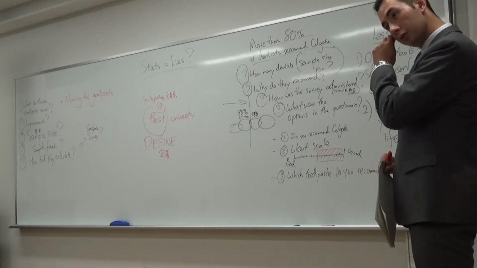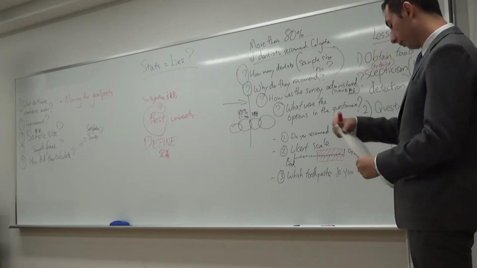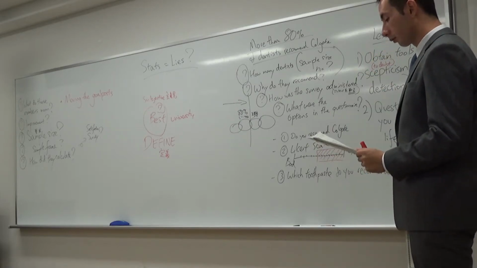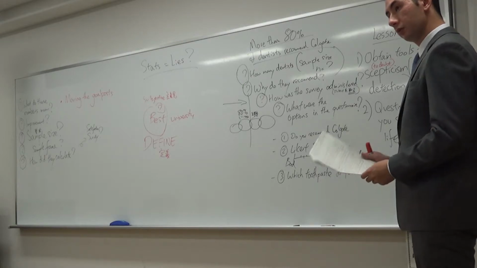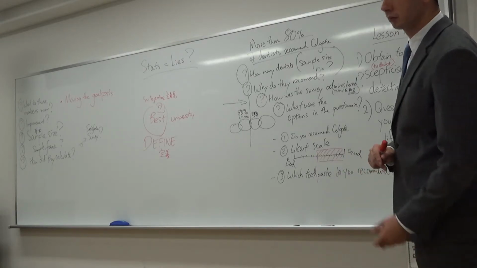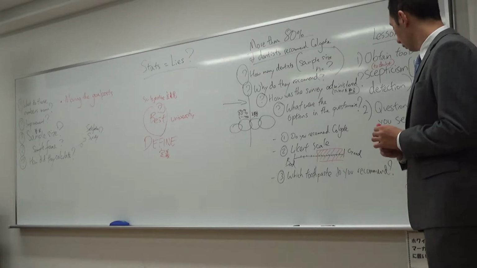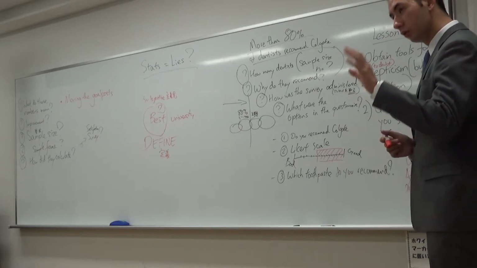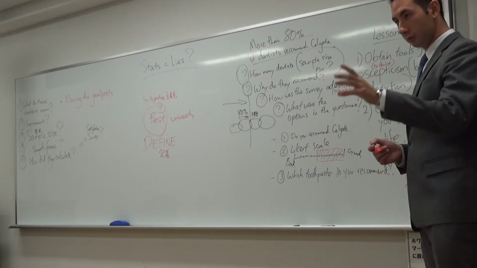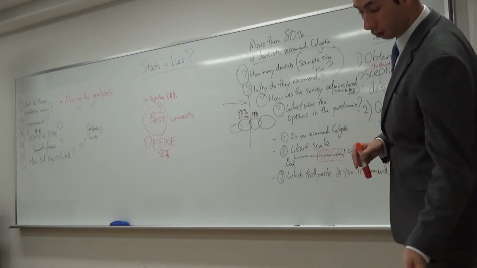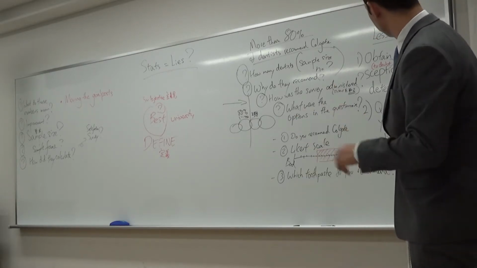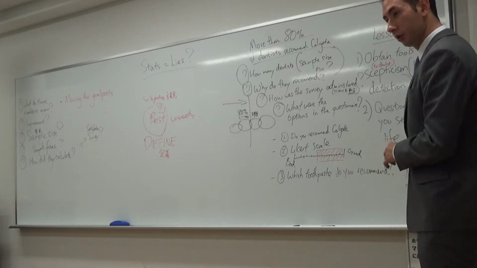So the surveyor makes a participant choose only one. Only one. Normally, right? But Colgate, the research firm that Colgate hired, said you can give multiple answers.